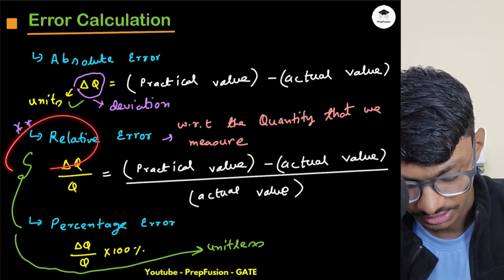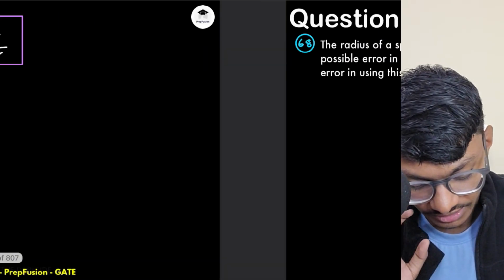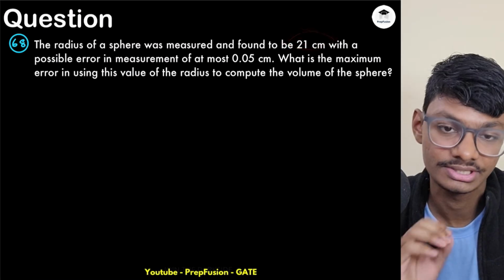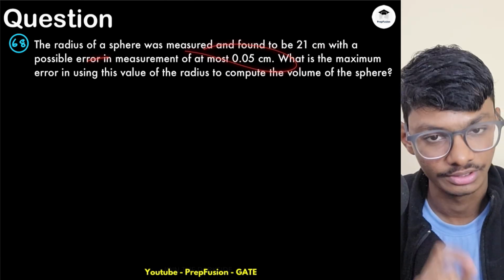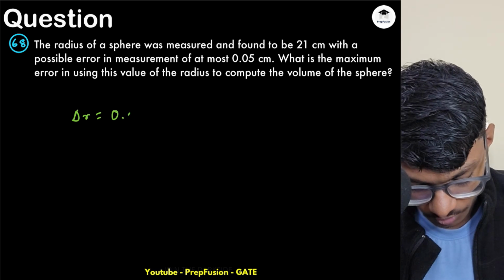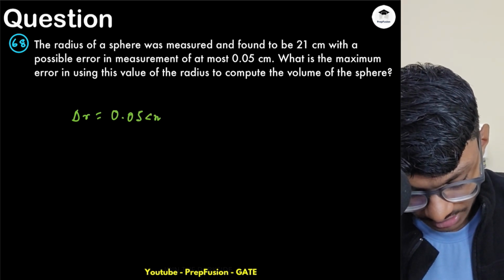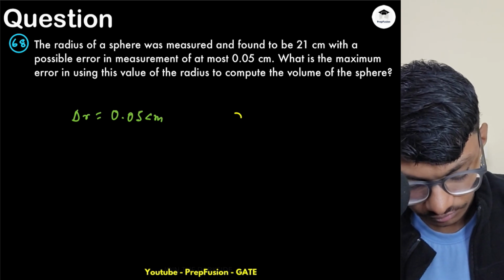So whenever they are giving you error as a unit, that means they are talking about the absolute error. So they are talking about this delta r equals 0.05 centimeter when r was measured to be 21 centimeter.